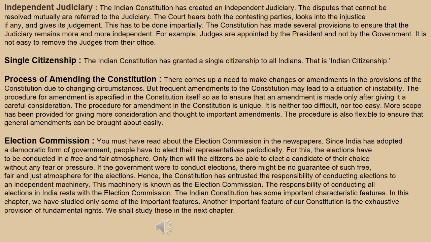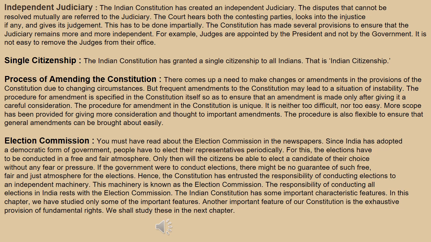But frequent amendments to the Constitution may lead to a situation of instability. The procedure for amendment is specified in the Constitution itself so as to ensure that an amendment is made only after giving it a careful consideration.